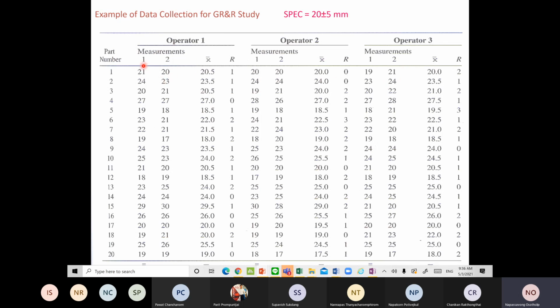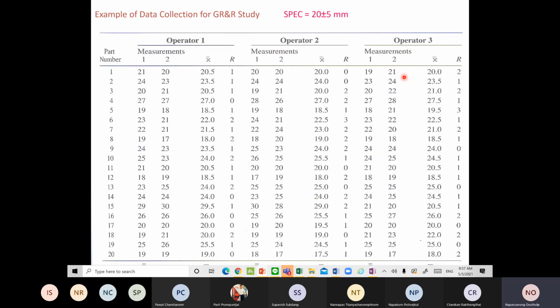Like 21, 21, 20, 20, 19, and 19. So these 6 numbers are different. That means there is variation in the measurement system. And what is the source of this variation? Is it caused by repeatability, reproducibility, or the parts?